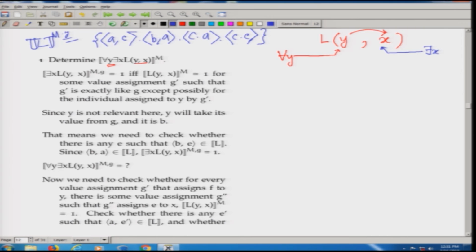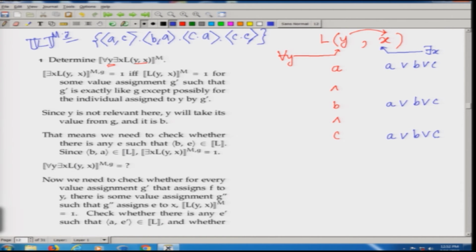So what we have to check is this. We have to check whether here we have A and B and C, and here we have A or B or C. Once again we have A or B or C. So what is it we need to check?